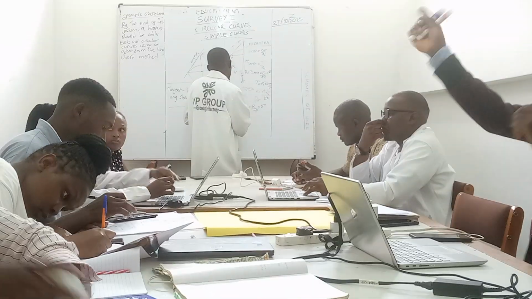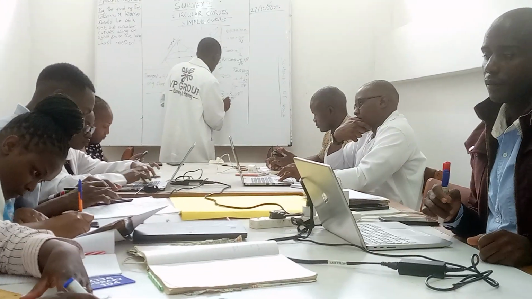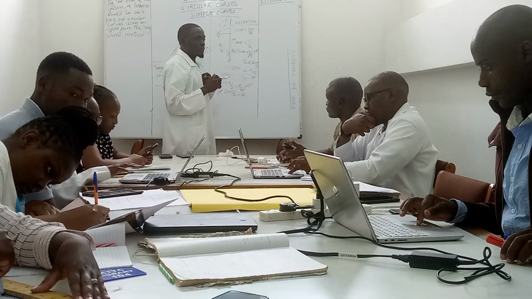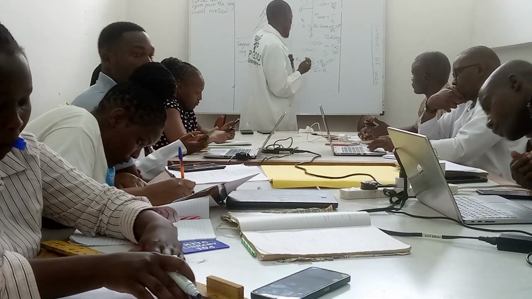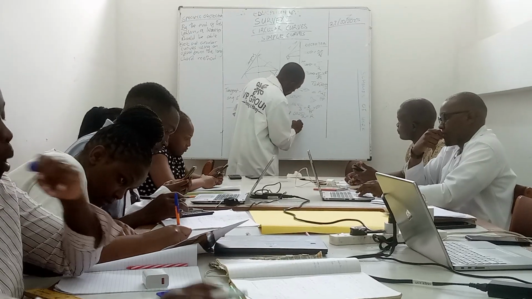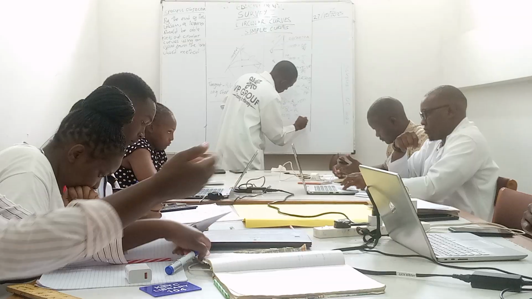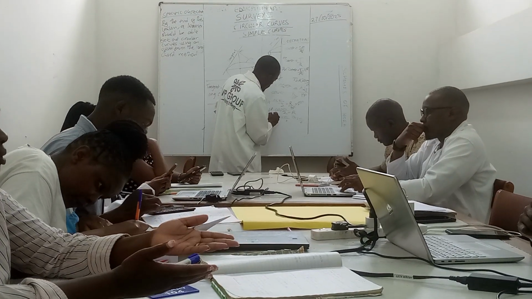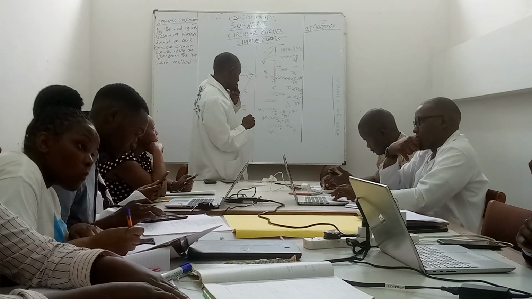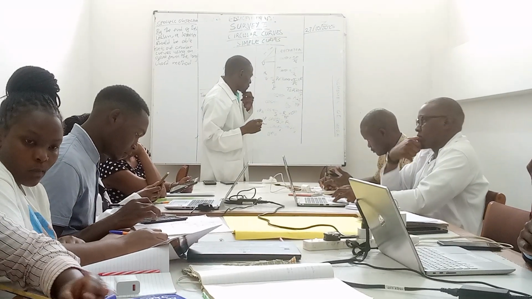Multiply both sides by hypotenuse. It will be hypotenuse cos theta over 2 is equal to radius. Now we want hypotenuse to be the subject of the formula, so we multiply both sides by cos theta over 2. Now hypotenuse will be equal to r over cos theta over 2.